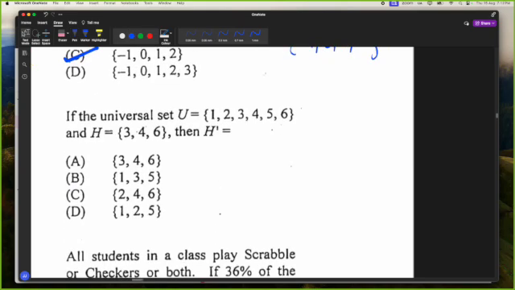If the universal set U is 1, 2, 3, 4, 5, 6, and H is 3, 4, 6, then H complement. You had to know that that means complement.